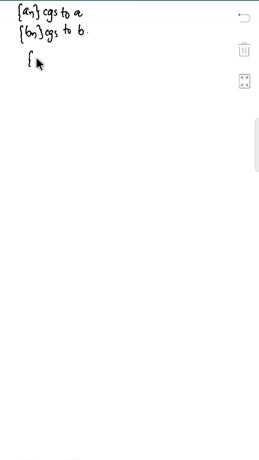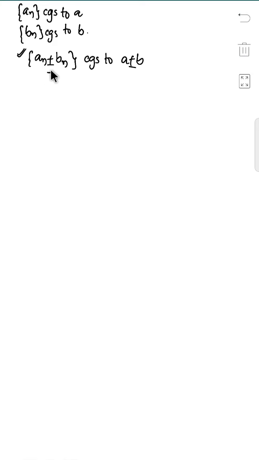That means term by term addition of these two sequences, a_n plus b_n, where the first term of the first sequence is added to the first term of the second, generates another sequence. That converges to a plus b. And term by term subtraction, a_n minus b_n, converges to a minus b.